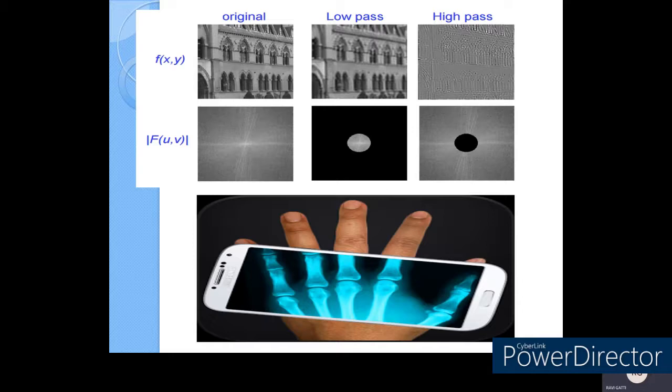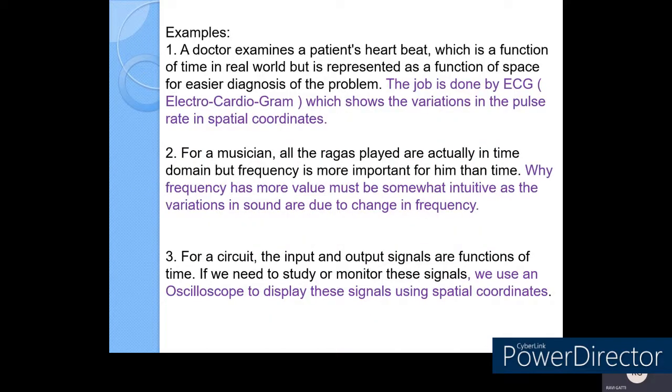X-ray is also a good example of transformations, used to analyze in detail the parts of our human body. You can see that in several fields we have applications of these transformations.